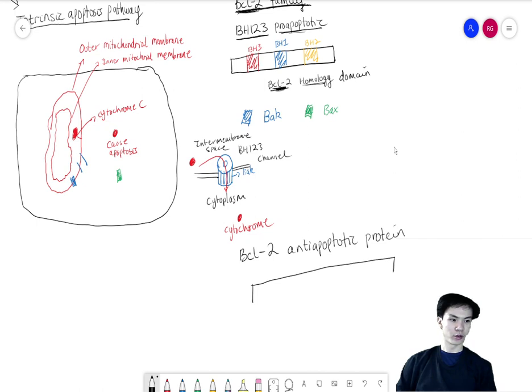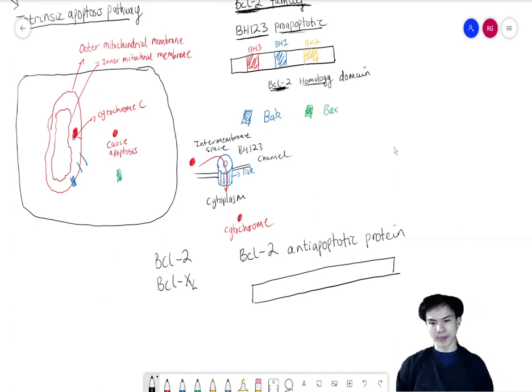This is going to be your BCL2 protein. We're actually going to give two examples of BCL2 anti-apoptotic proteins. We have BCL2 and we also have BCLXL, and they're going to have the same job, but they're going to have an extra domain.